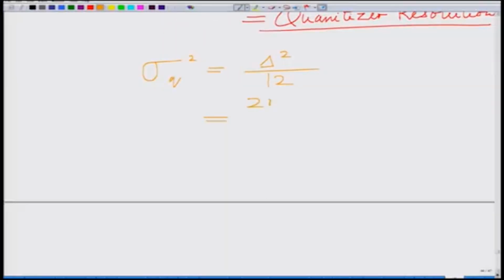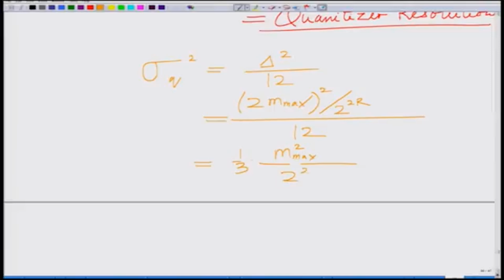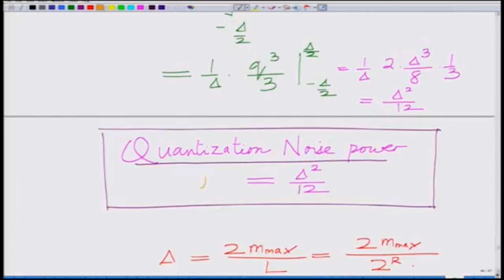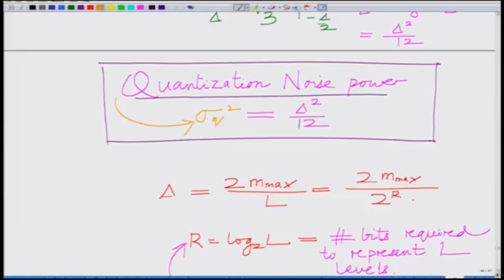Substituting that value for delta, this is 2 m max square divided by 2 to the power of r, divided by 12, which is equal to 1 by 3 m max square divided by 2 to the power of 2 r. So the quantization noise power is sigma q square, equal to delta square by 12.